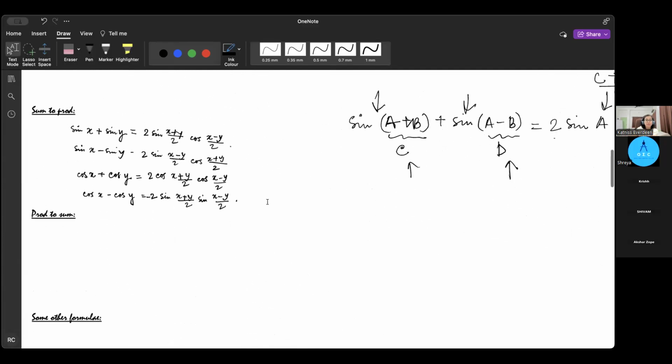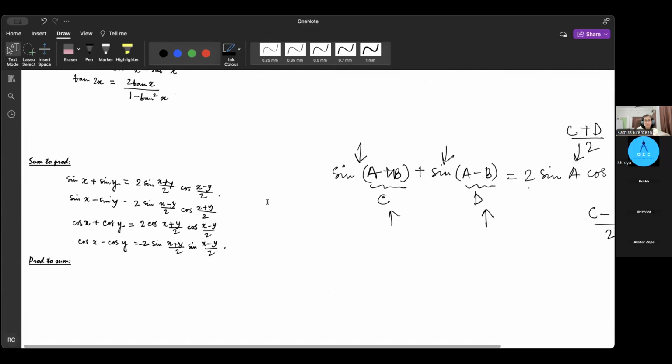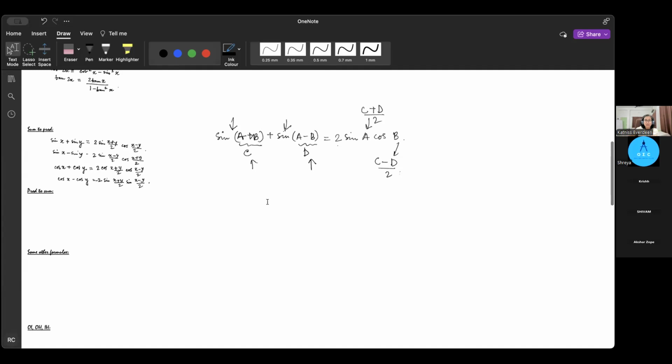Okay, so before writing the product to sum, I'll just say how we derive it because you just asked. It's simply the opposite of sum to product. So if we have sine A cos B, always think that sine A plus sine B was sine A cos B minus cos A sine B, or sine A cos B plus cos A sine B. So whenever we want sine A cos B, we will subtract two sines.